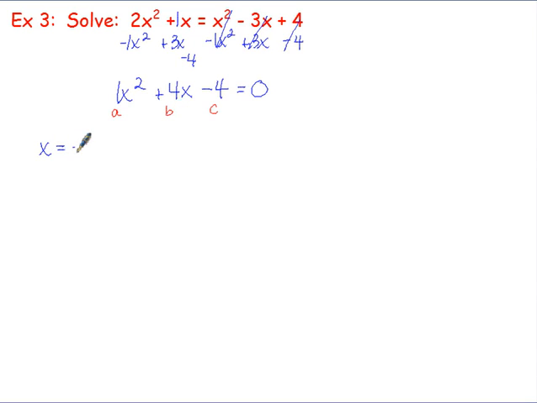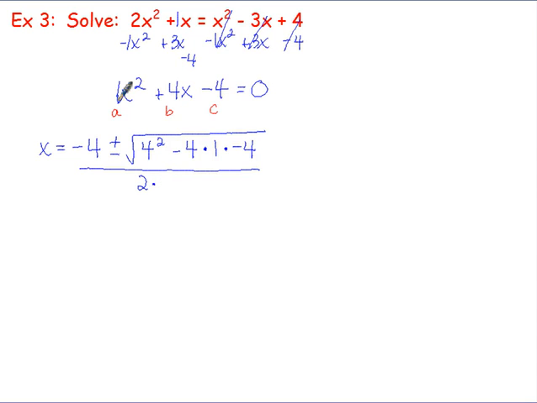So that will be negative 4 plus or minus big square root b squared minus 4 times a times c, all divided by 2 times a.